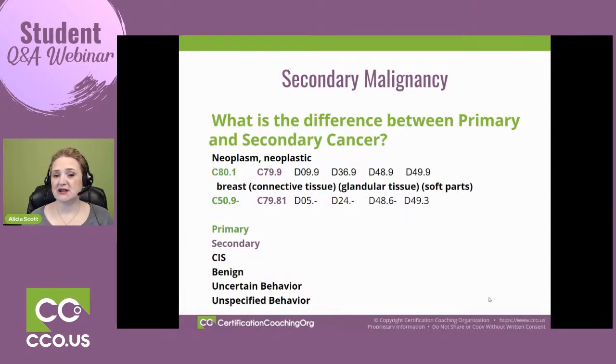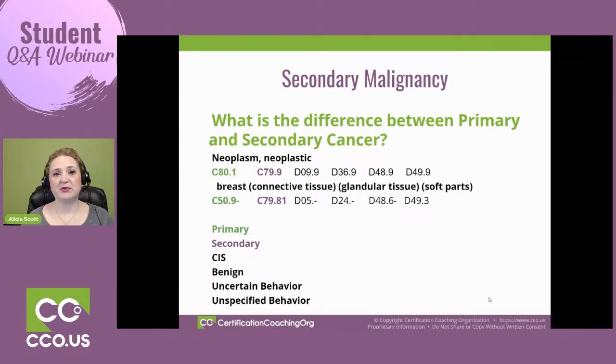You'll find that in your textbook as well as in your ICD manual. So you might want to go ahead and have your ICD manual there in front of you as we go through, and you might want to make some notes in the notebook as well. And then later, if it's helpful, you can actually include those notes into your ICD manual. I've done that a lot of times.